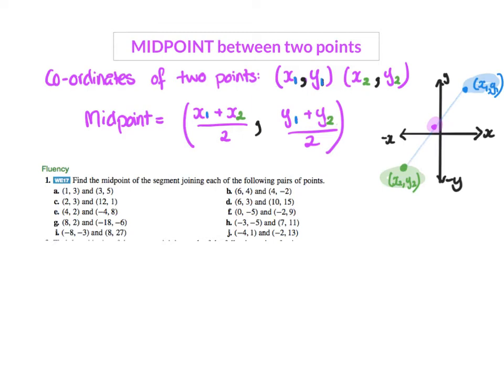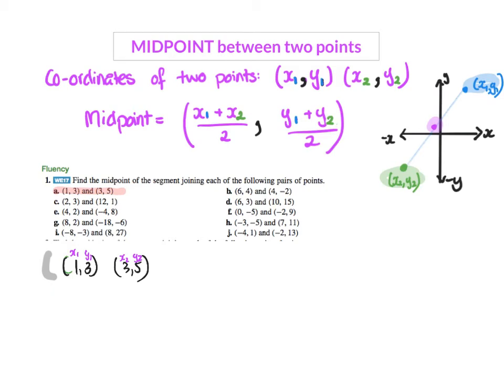So if I go to do this first question here, they want me to find the midpoint. The 2 points I have are 1 and 3 and 3 and 5. I'm going to call this x1, y1, because that's my point 1, and I'll call this x2, y2.